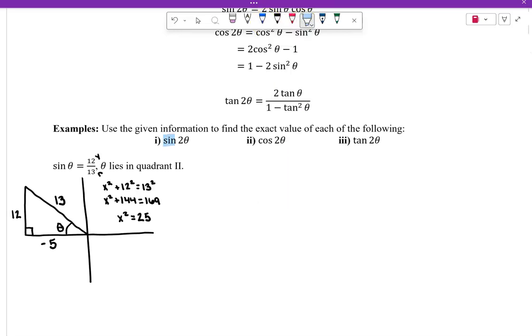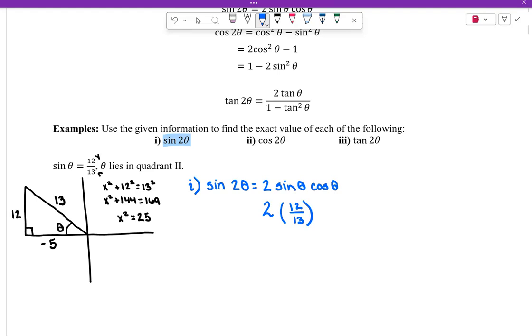The first one we're going to do is sine. So I'm going to write that off here on the side, and I'm going to go ahead and write the formula for this one. So sine of 2 times theta is equal to 2 times sine of theta cosine of theta. So we're going to have 2. Well, we already know what sine is. That's 12 over 13.